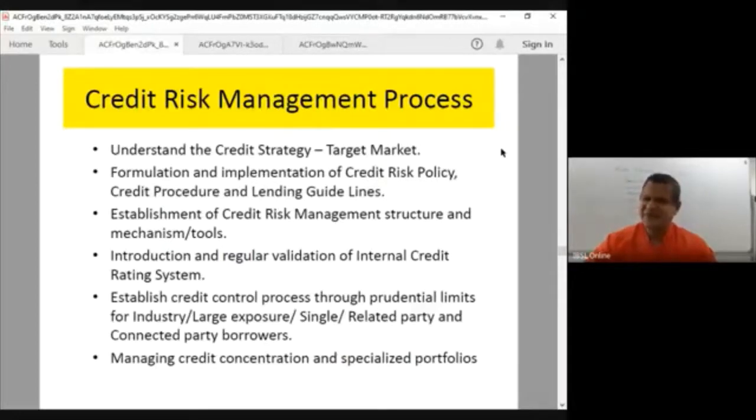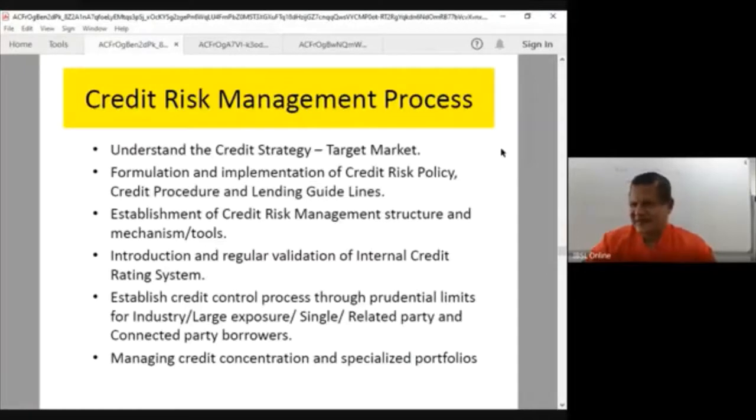Now, most of the banks now want to systemize or computerize the credit process. In most other parts of the world, especially the Western world, USA, everyone has a thing called a credit rating. Any customer has a credit rating.